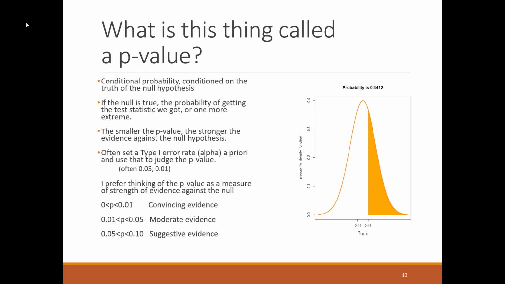So what does that all mean? What is this thing called a p-value? It is a conditional probability, conditioned on the truth of the null hypothesis.